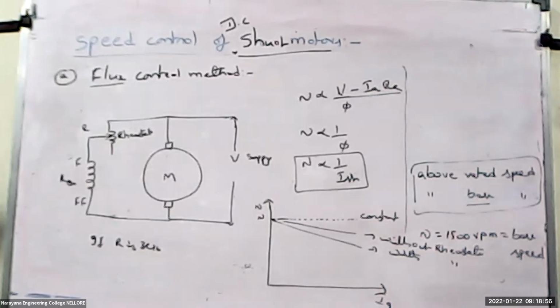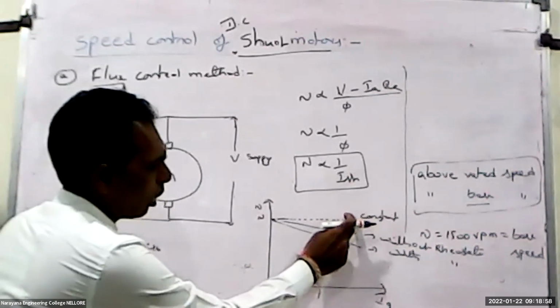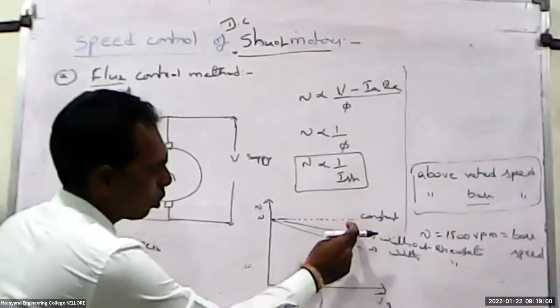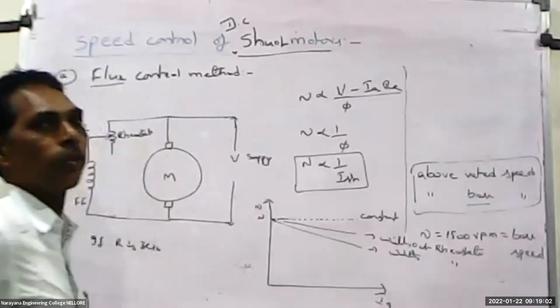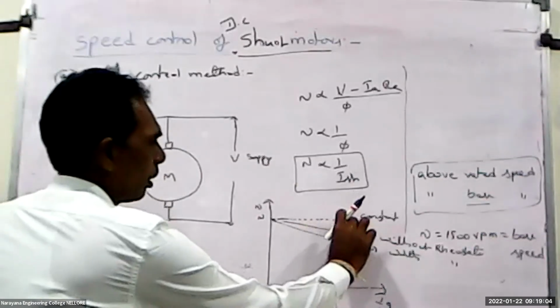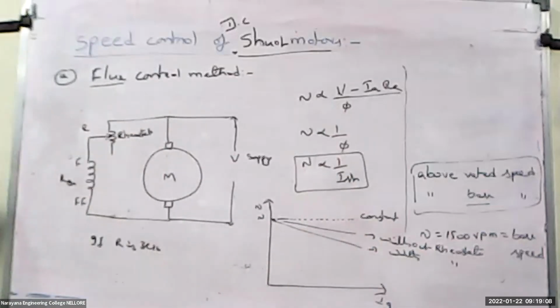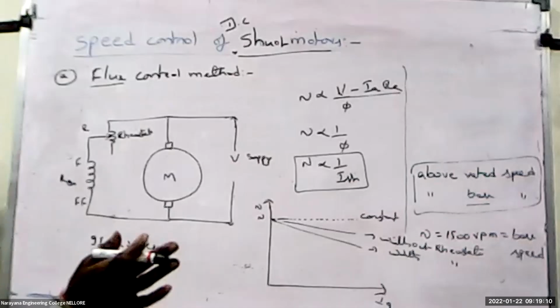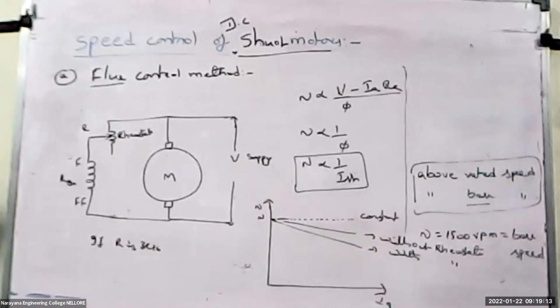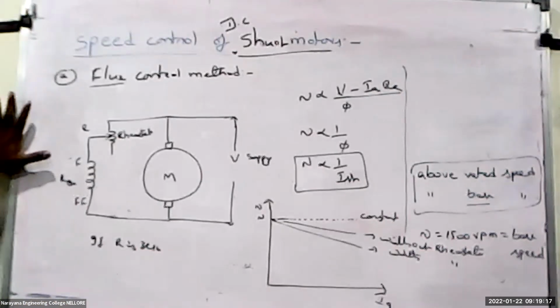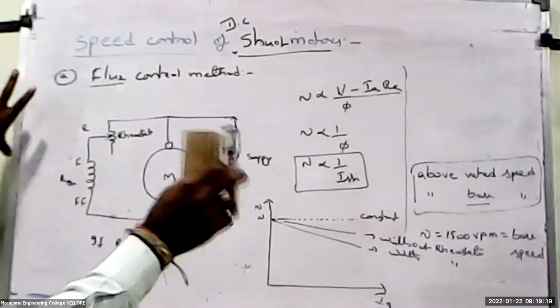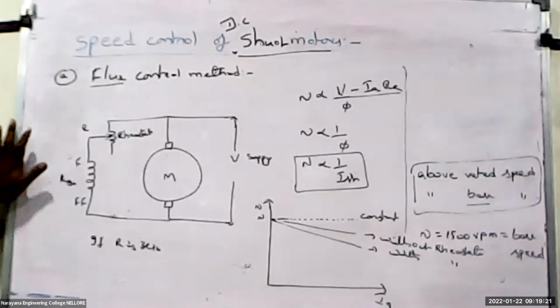So that means previously we could control only up to this point, and now we can control up to this point. So it is called the drop of I_A R_A, and this is the drop of this also. So this is the flux control method of speed control of a DC shunt motor. Take one snapshot, then I will go for the remaining.